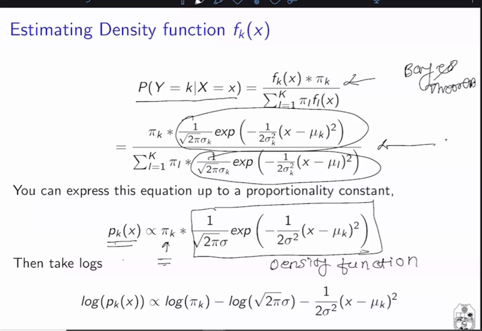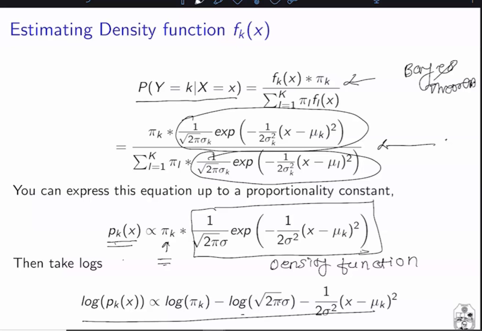Now, after taking the log of this proportionality, I get this expression. Log of the posterior probability is directly proportional to log of the prior probability minus log of the square root of 2 pi sigma minus 1 by 2 sigma square times x minus mu k whole square.